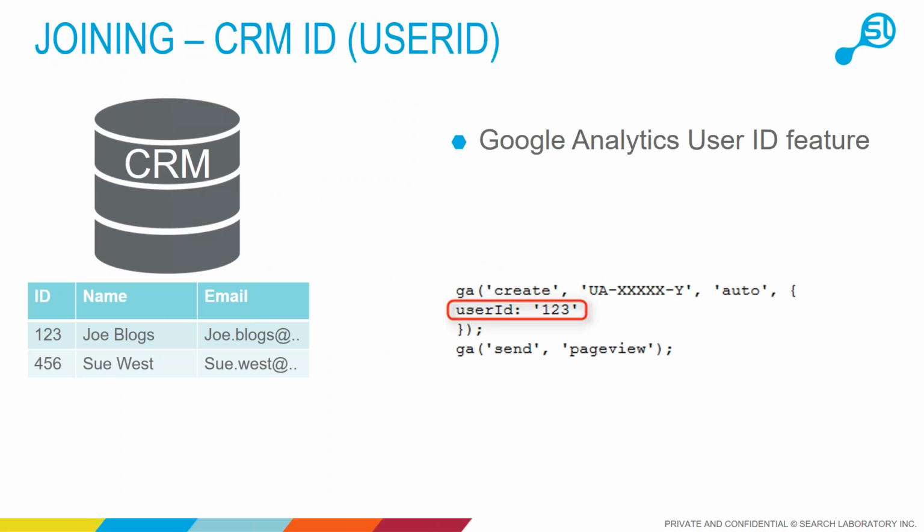So what I've just presented is the client ID, using Google's ID and pushing it into your CRM. This is an alternative method, which uses an ID that already sits within your CRM. This is more typically used for people who log into your website and already have an account.